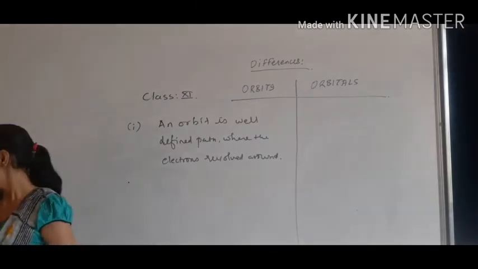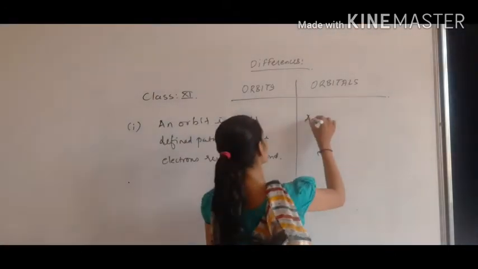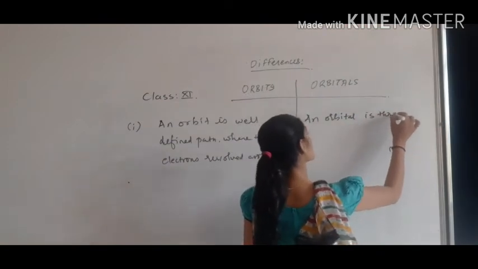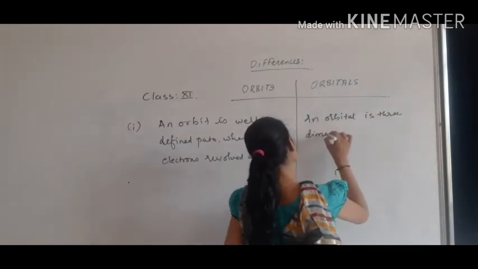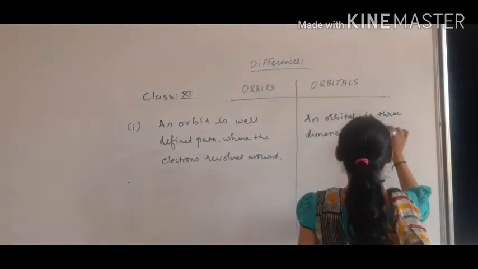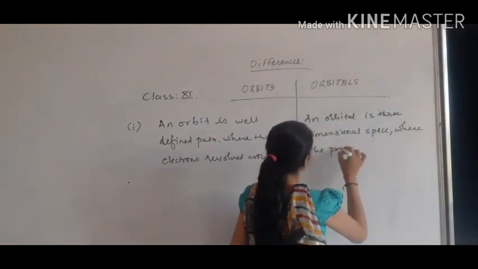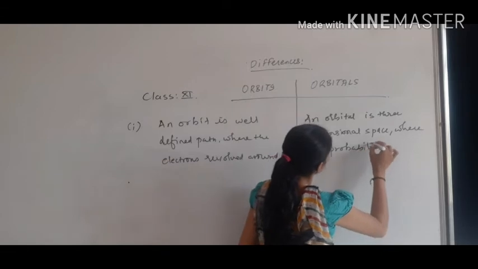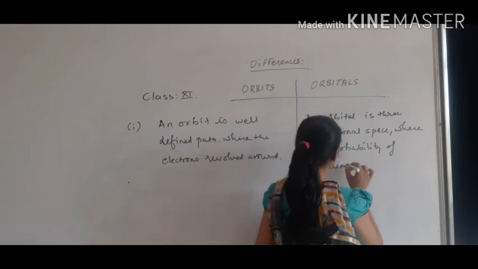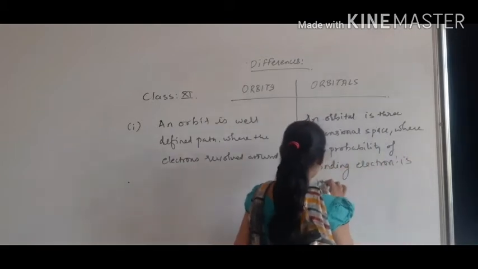So what we can write is: an orbital is a three-dimensional space where the probability of finding an electron is maximum.